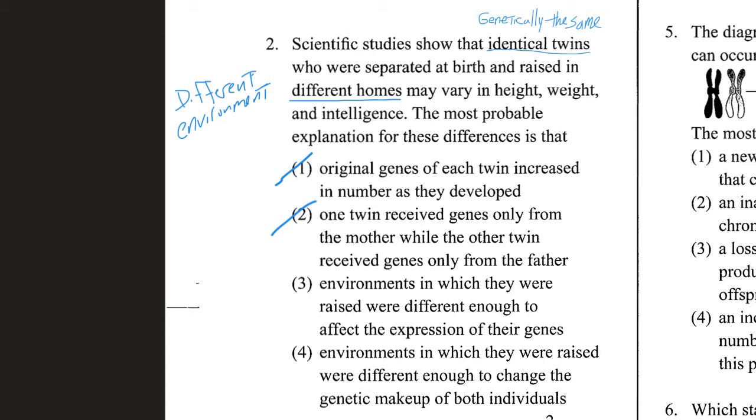We know that environment can affect gene expression, so in this case with identical twins separated at birth, potentially one twin goes to a wealthy family that has access to high quality nutritious foods that would lead to an increased height and a healthier weight, and a better school system that might change the perceived intelligence level of the one twin, while the other twin goes to a family that's not as well off, so they can't afford the high quality foods, and maybe that second twin isn't as tall, might have a bit of a weight issue.